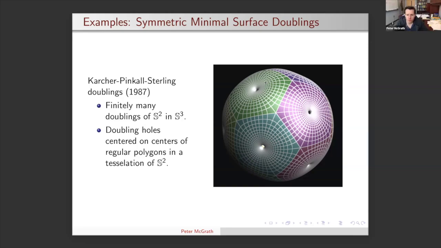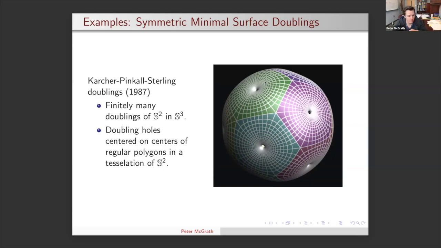Yeah. So all of the surfaces here, the mean curvature is 0, and most of these surfaces are not, I mean, for minimal surfaces in the sphere, they're basically always unstable, so they're not area minimizing.